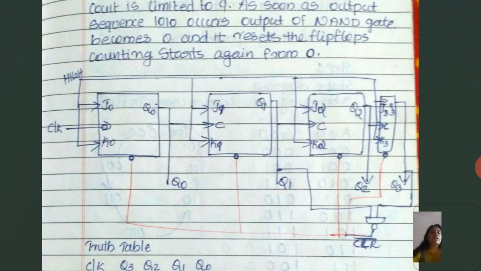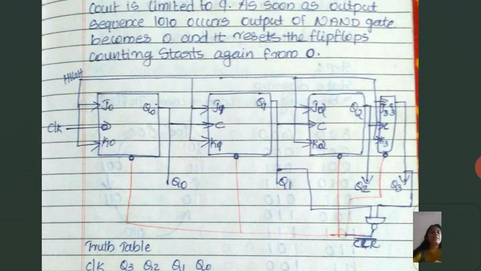Then the value of the counter will be the representation of 10, which you should avoid. For that purpose, Q1 and Q3 are connected to a NAND gate. So whenever the Q1 and Q3 values become high, the NAND gate will work and the result will be 0. That value is connected to all the flip-flops, so the 0 value makes all the flip-flops reset.